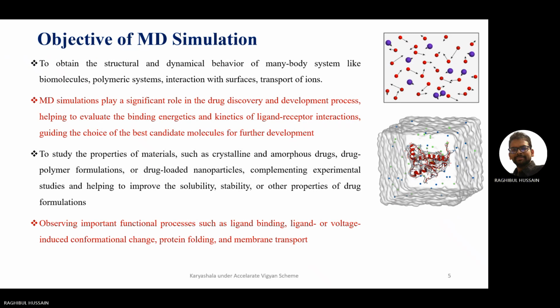Some objectives I have already discussed, so I will just go through that. Basically, molecular dynamics creates the structural and dynamic behavior of many-body systems. What are the many-body systems? It started with liquid argon, but now we can generate complicated systems like biomolecules, polymeric systems, interaction with surfaces like membranes.